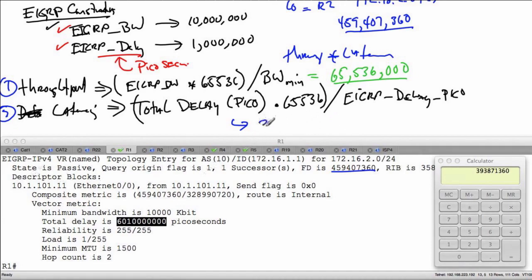So I've got 393,871,360. Okay, this looks closer to the mark.